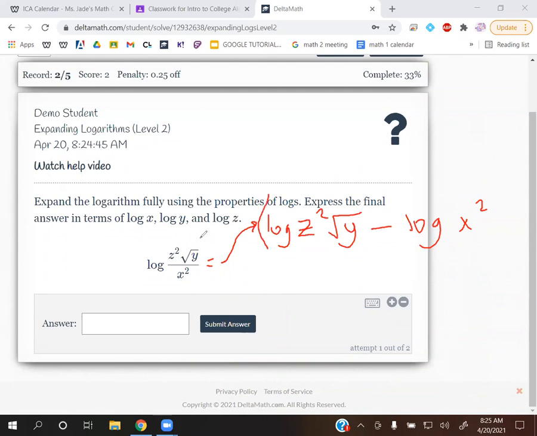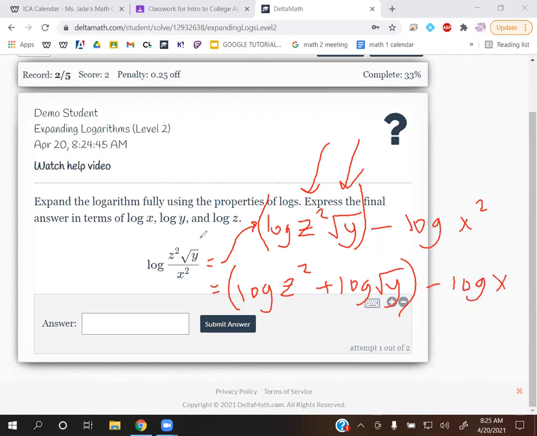So this first piece of log that I'm just putting in parentheses now, it has two things multiplied together in the value. So we're going to split that up as we have been doing. And so that becomes log z squared plus log square root of y. So we just split it up into the two logs being added together, and then the minus log x squared just kind of stays the same for now.